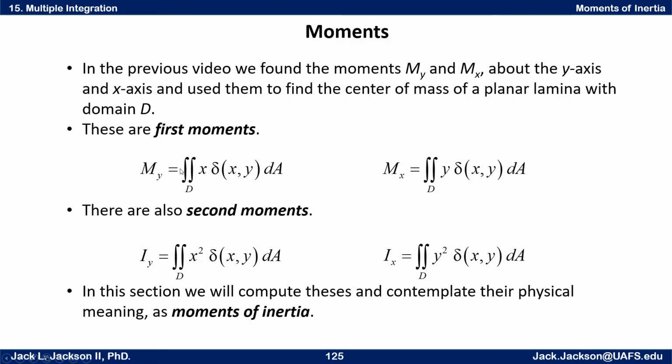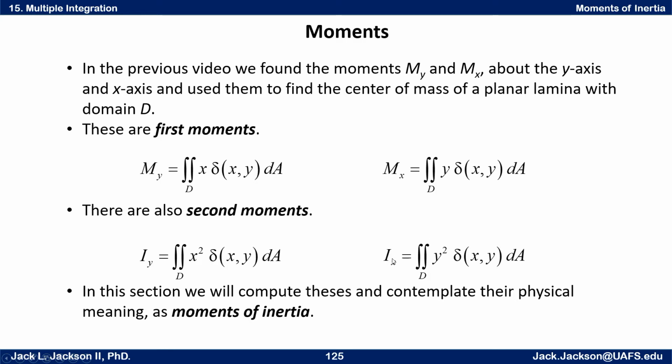These are first moments. We can also have second moments by bumping these up to the second power. So the second moment with respect to x would be the double integral of x squared delta of xy dA. That's the moment of inertia about the y-axis, I sub y.